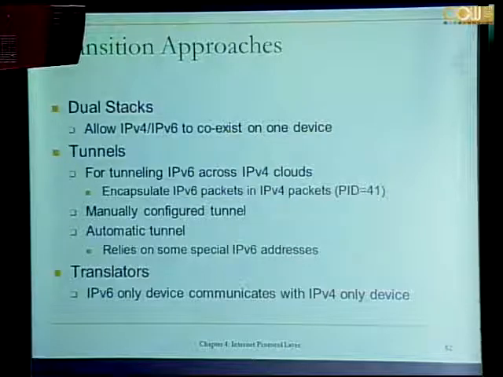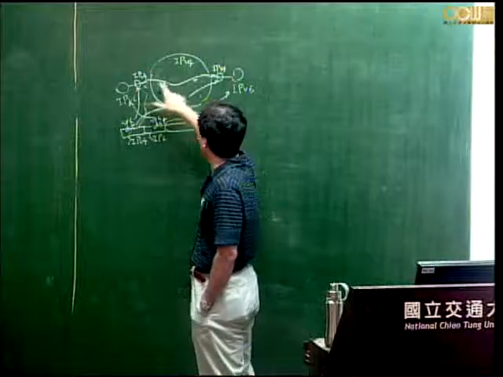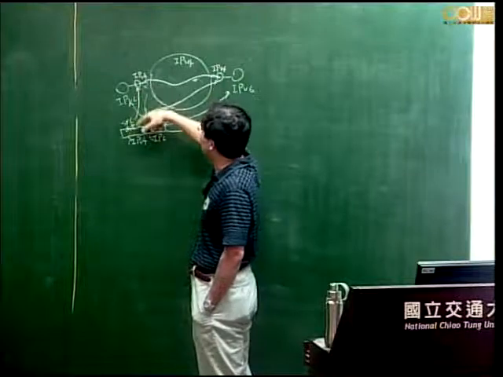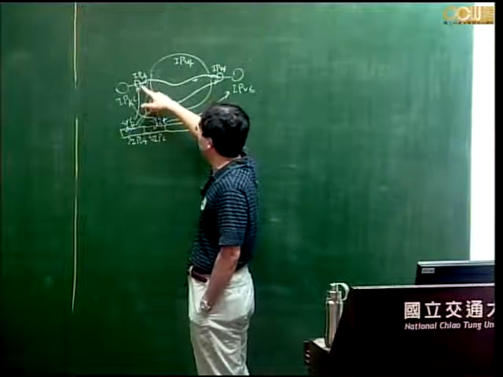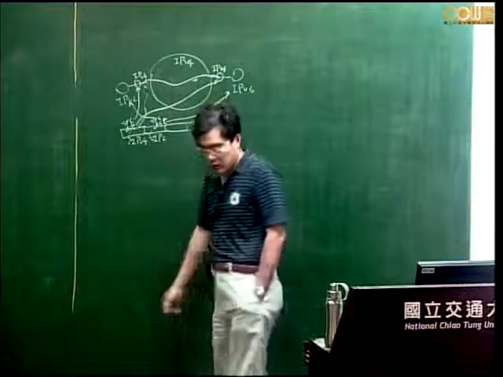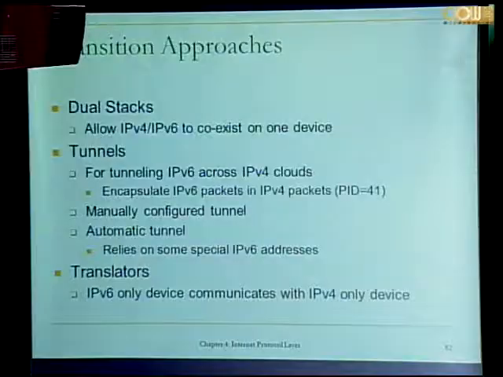So if this is an IPv4 network and you have a translator here, then the translator needs to map the V6 packet into a V4 packet. That'll be called translation. So that is another possibility of internetworking these two together.